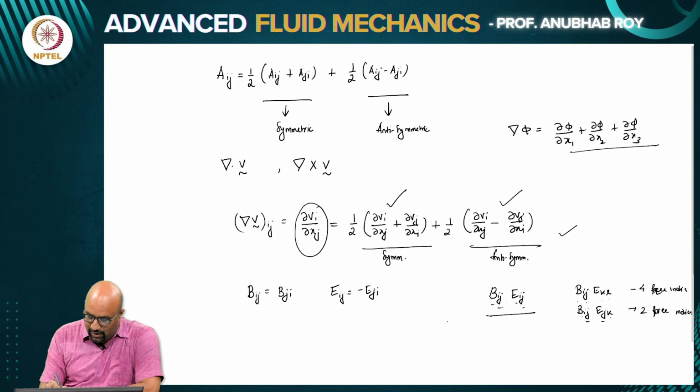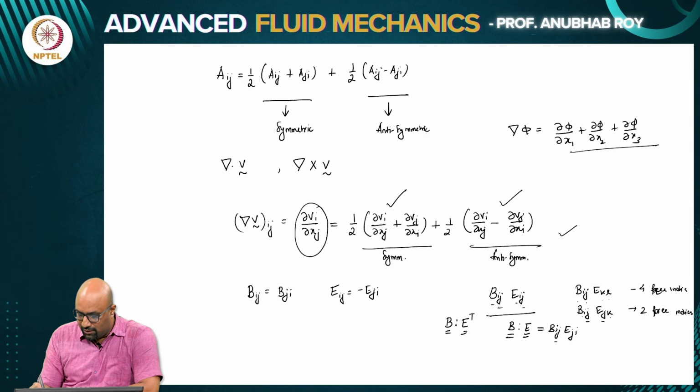So, this is equivalent to B, not the usual dot product or matrix multiplication, but a double dot product with E transpose. Why E transpose? Because B double dotted with E would be Bij Eji. So, you are first going to do a dot product of the nearest indices, then the outer indices.